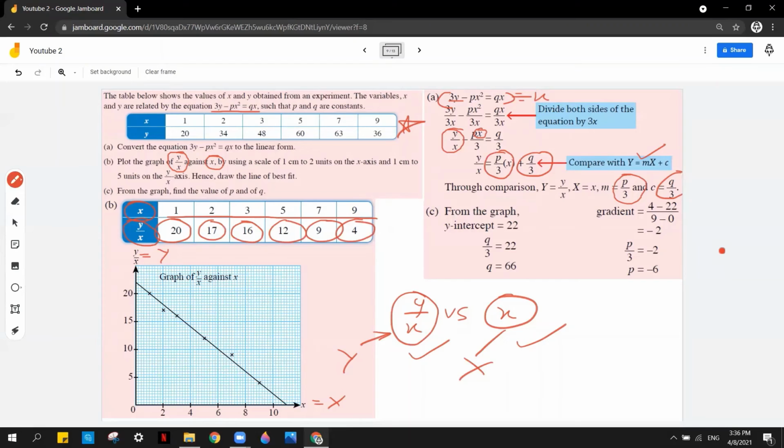Once you got this, plot it according to the scale the question wants. For instance, the x-axis is using 1 cm to 2 units and 1 cm to 5 units for the y-axis or capital Y. Then you just draw the best fit line and you get the answer.